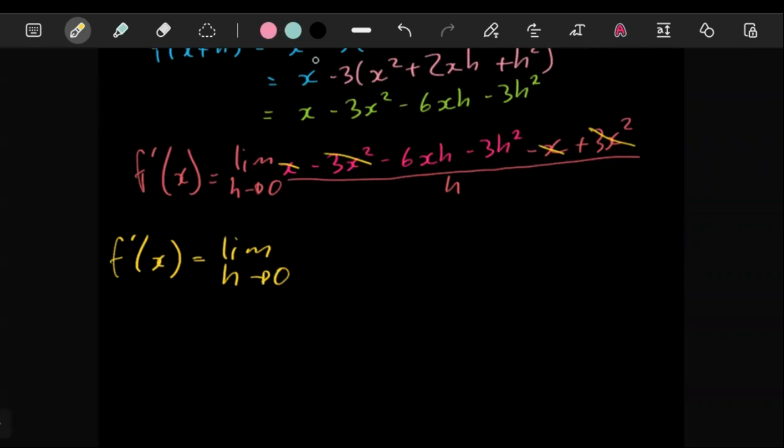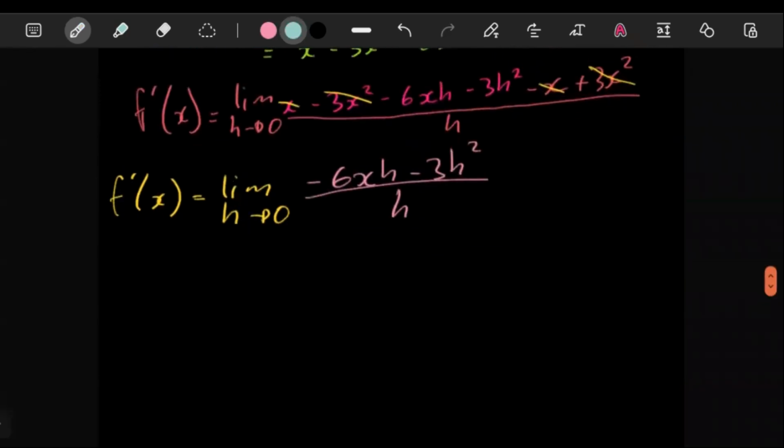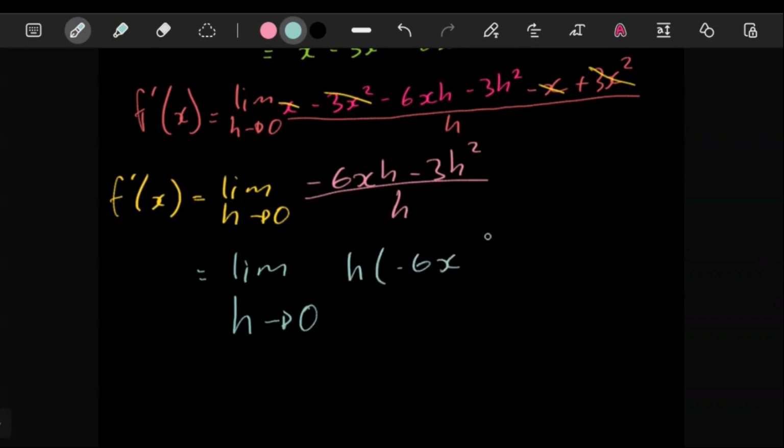So you have here negative 6xh minus 3h squared, whole thing over h. And then it's the limit as h goes to 0 of negative 6x minus 3h.